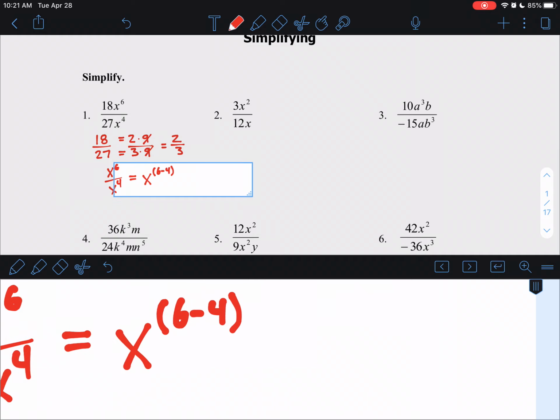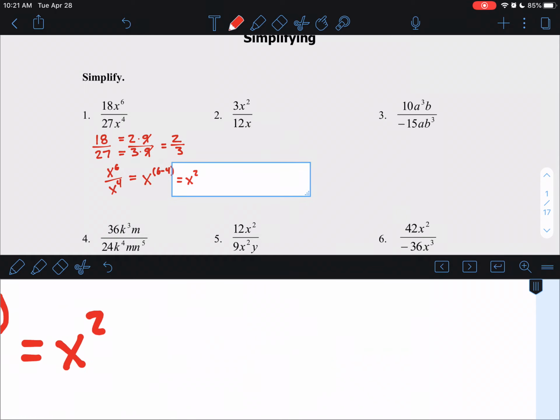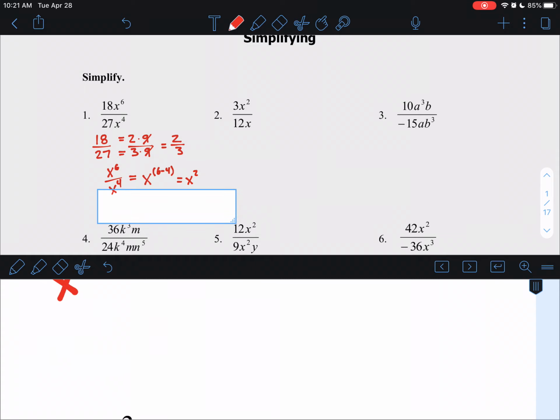And x to the 6 minus 4 is x squared. So we're left with 2/3 x squared, which when we combine those two, would be 2x squared over 3. We're going to leave that x squared in the numerator.